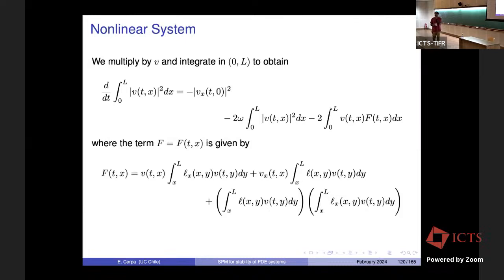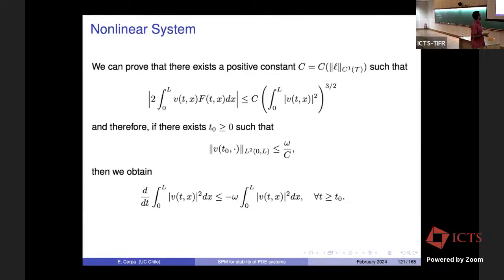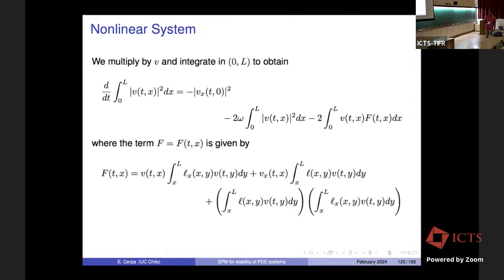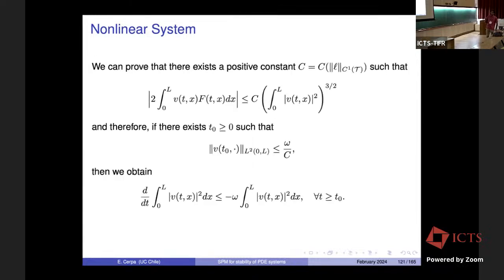How can we deal with that? We do some estimations, and this term, which we already called a garbage term in these perturbation arguments, can be bounded in this way.